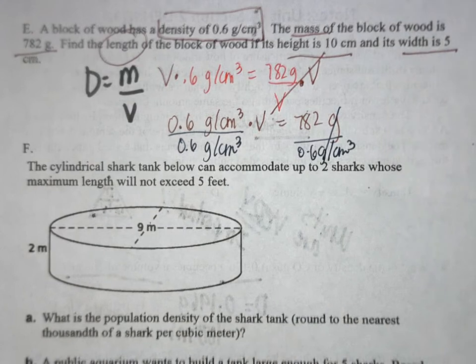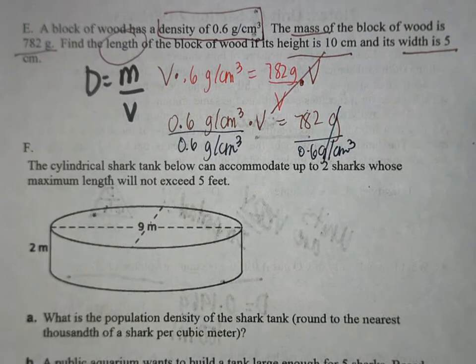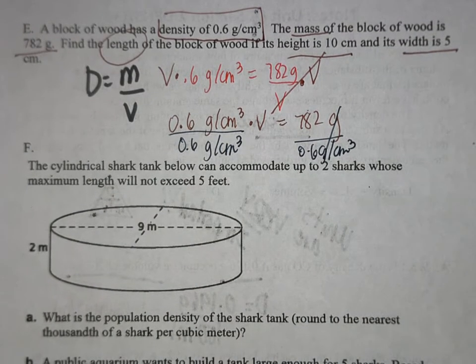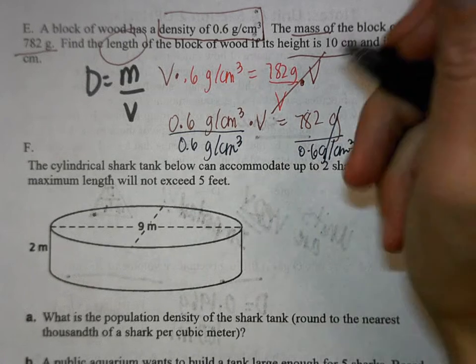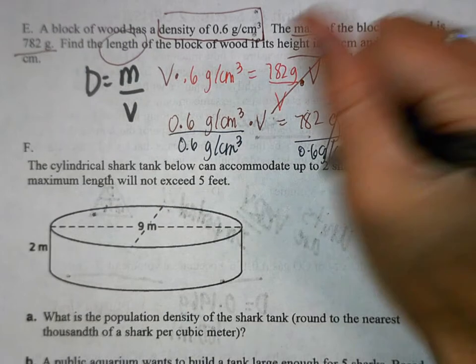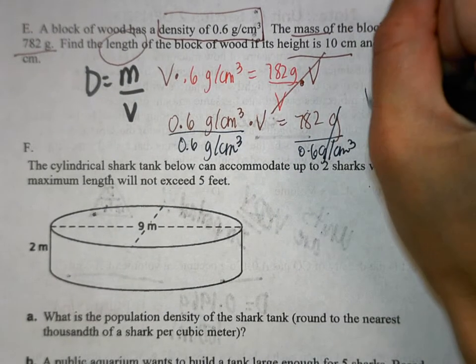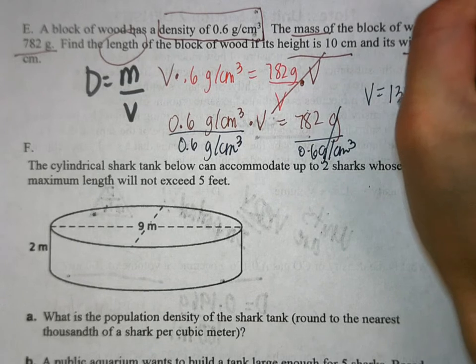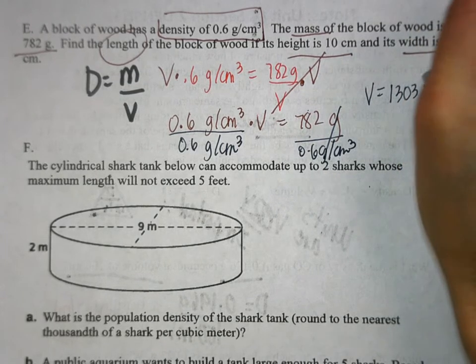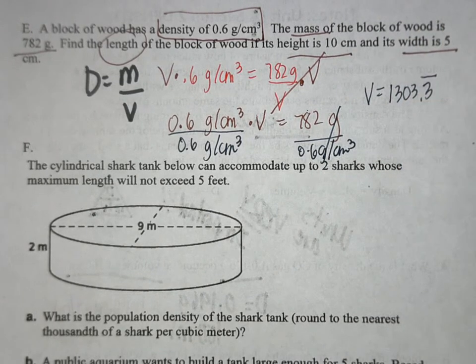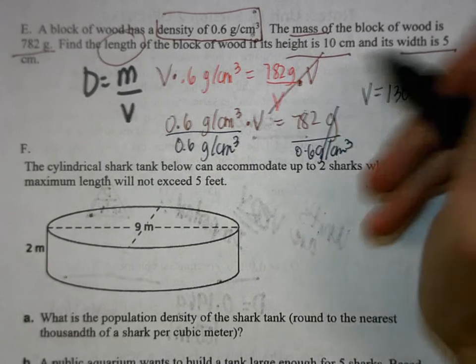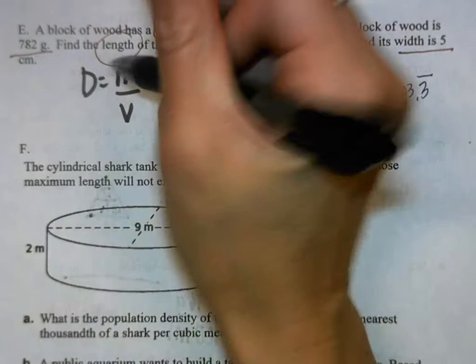If you type in your calculator 782 divided by 0.6, we end up getting the volume equals 1,303.3 repeating. Okay, so this is my volume, but again, they asked me for the length.